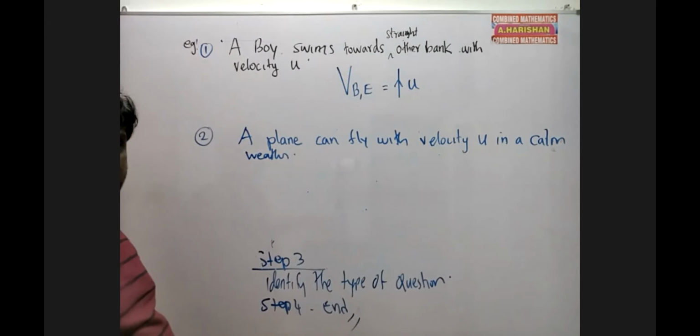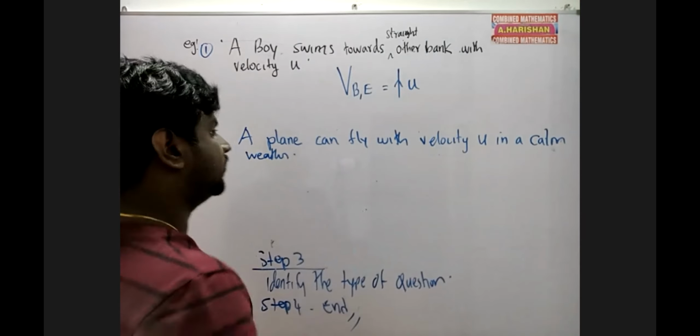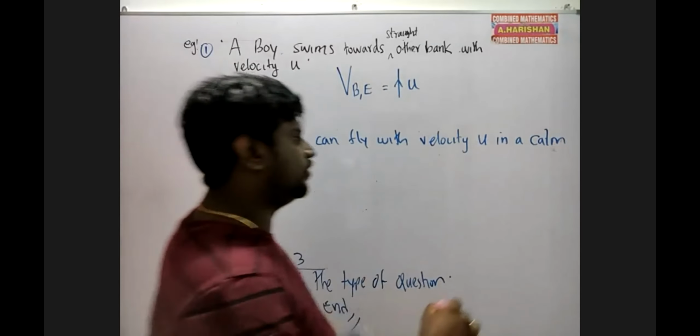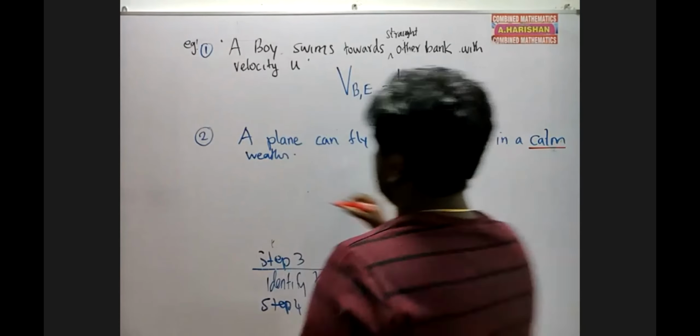A plane can fly with a velocity u in calm weather.